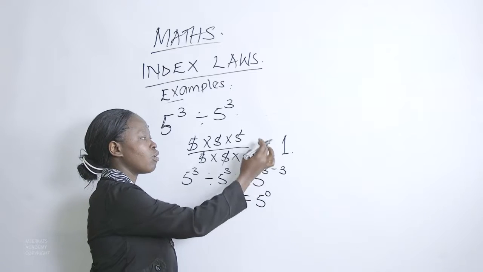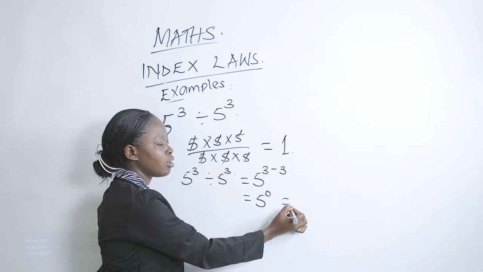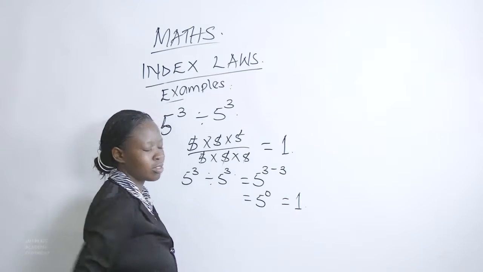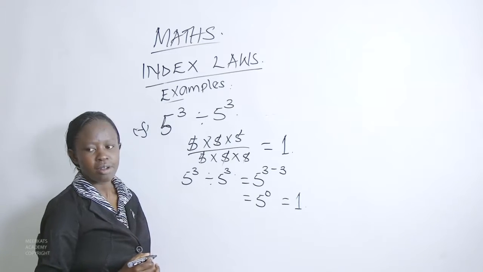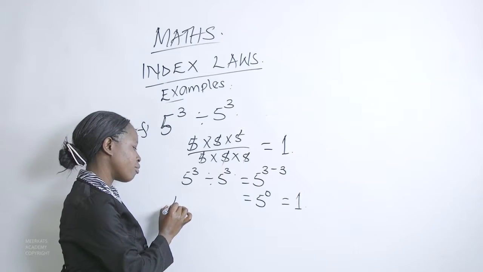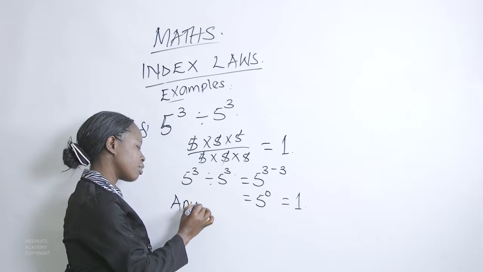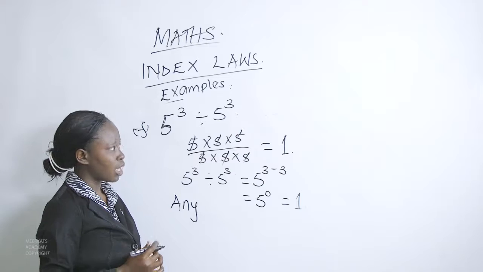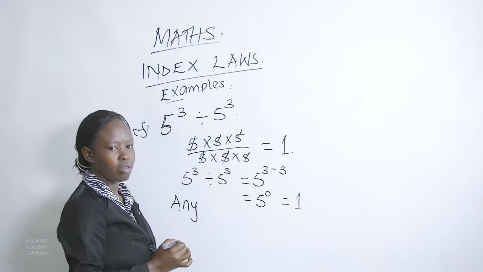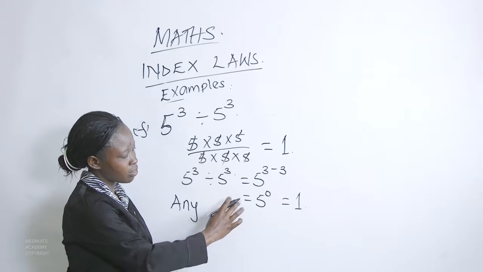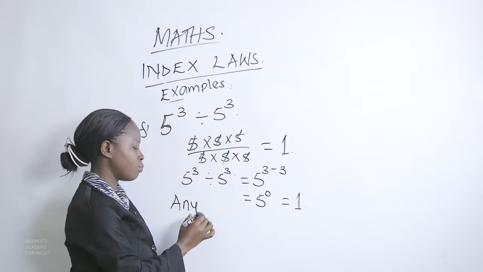And 5 to the power of 0, we are finding out that it is simply 1. So what do we mean? Any number that is raised to power 0 will give us 1. So this is a conclusion that we are coming up with, that when you're having 0 as your power, it means that that value is simply 1.